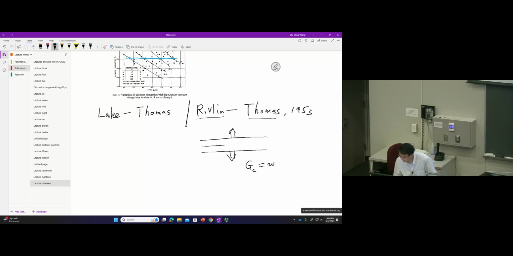I'm not going through the details, except to tell you that they made a very clever argument, because at the end of the day, they want to calculate the so-called energy release rate, that is the energy that you can release upon crack propagation per unit area. I ran out of time to describe the argument, which is a very beautiful one, but at the end of the day, they can prescribe this measurement this way, and WC is the stress.